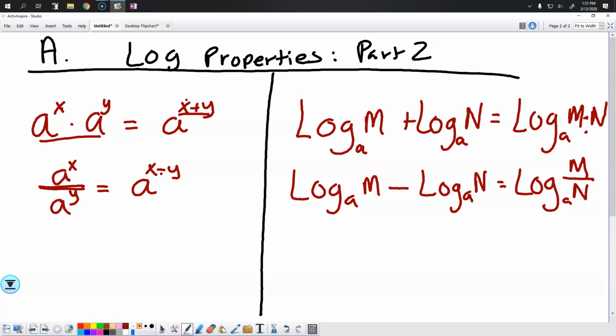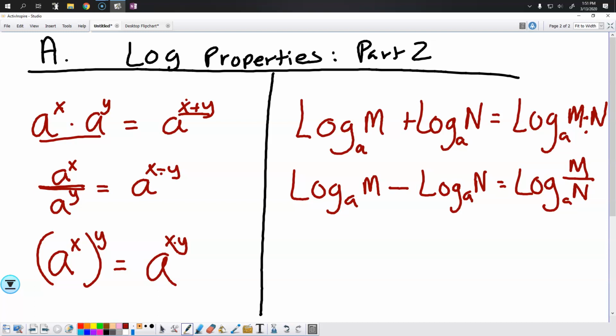All right, the last one I want to share with you guys for today. If I have a to the x and you raise that to the y power, what do you do with your exponents there? You multiply them, x times y, right? So just like powers are related to multiplication, similar thing, this one's a little bit weirder, but a similar thing applies to logarithms.